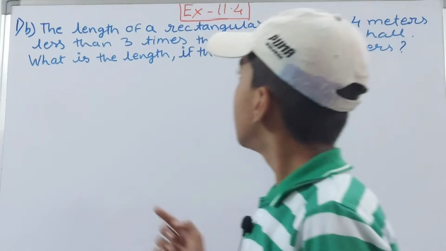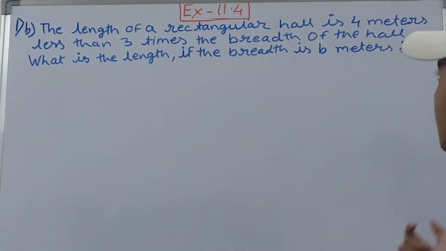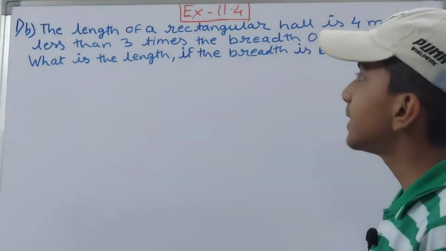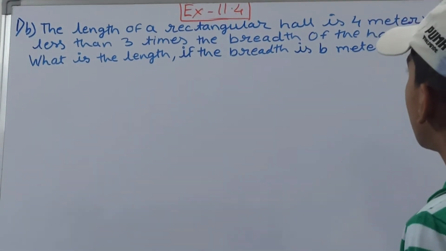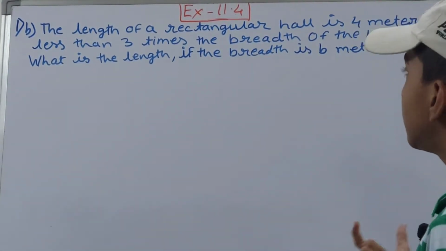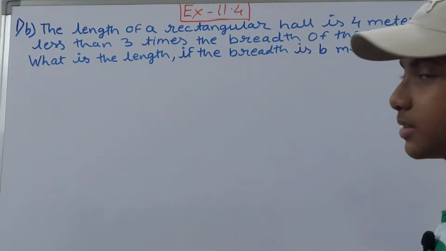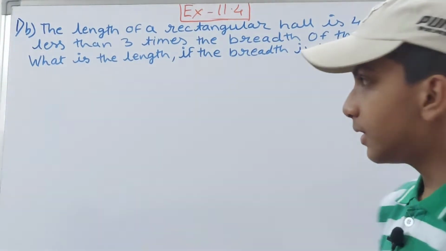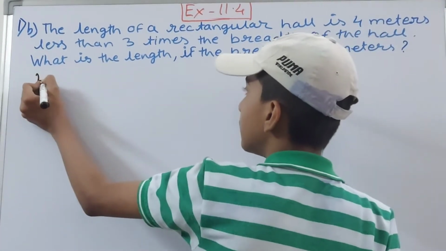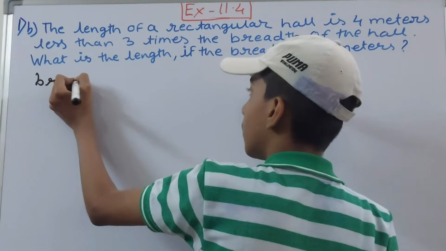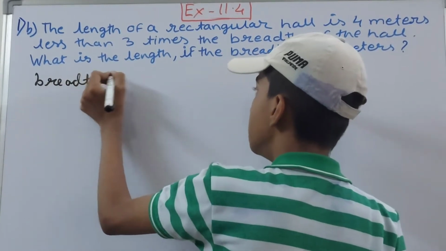That is, the length of a rectangular hall is 4 meters less than 3 times the breadth of the hall. What is the length if the breadth is b meters, right? Now you are having your breadth, right? So breadth of your hall is b meters.